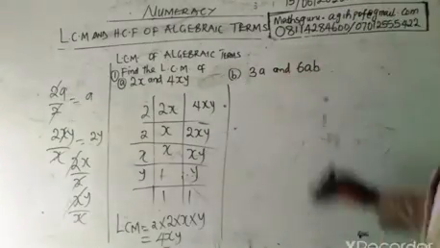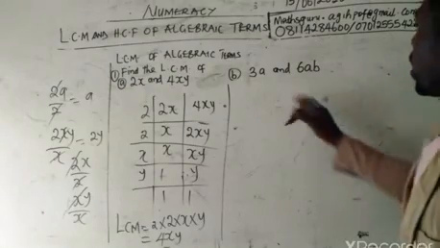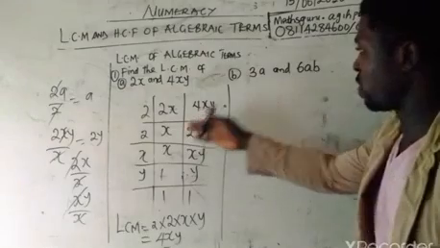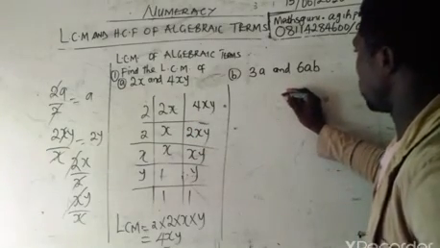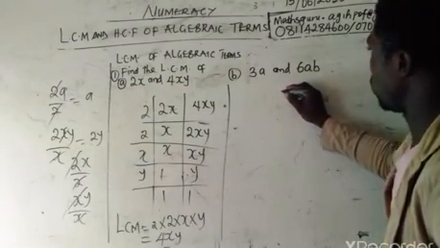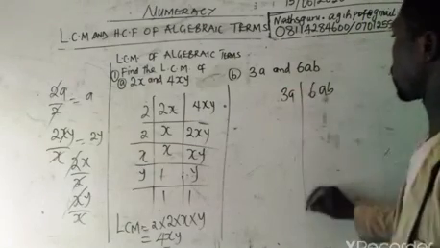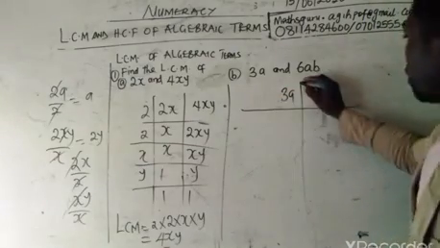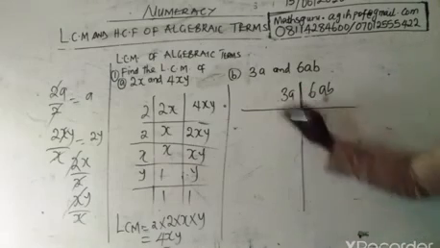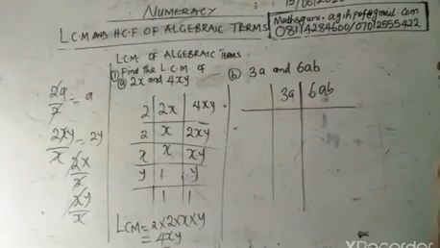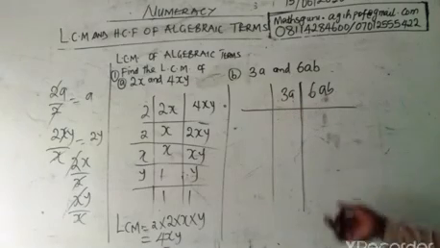Then come to the second question. We have 3a and 6ab. Just like we did there, let's put everything in a table. 3a and 6ab. Okay. We begin with the first factor that can go into this. 2 can go.